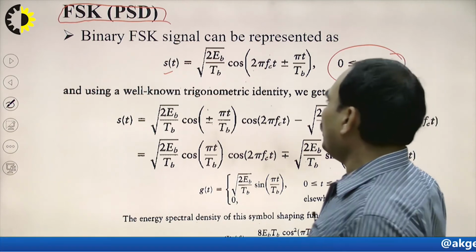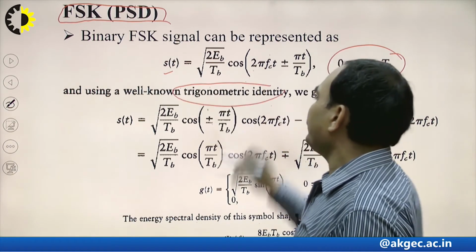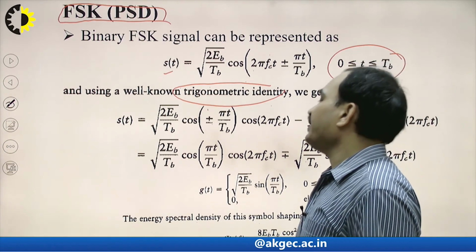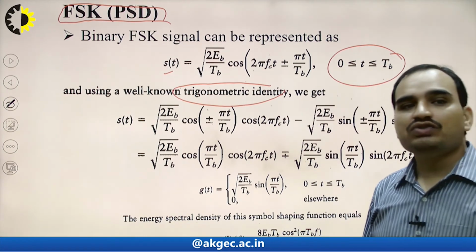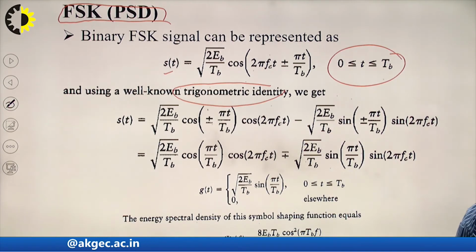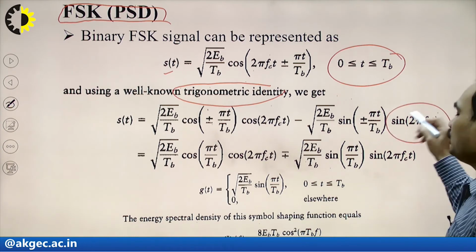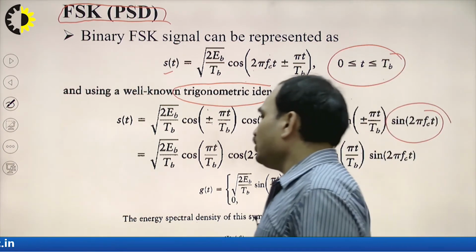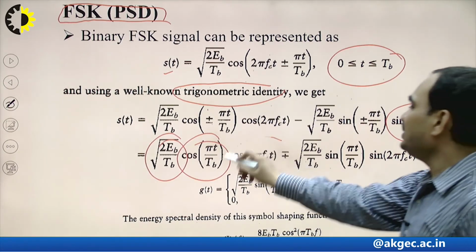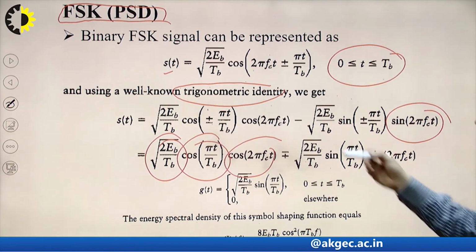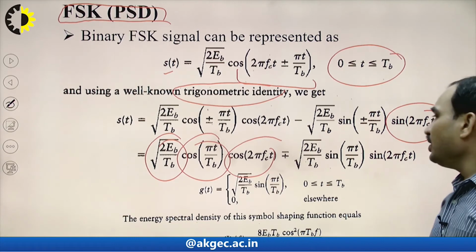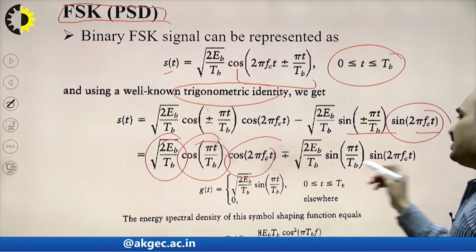Using a well-known trigonometric identity, we have s(t) equal to root 2 Eb by Tb cos of plus or minus pi t by Tb cos of 2 pi fc t, minus root 2 Eb by Tb sin of plus or minus pi t by Tb sin of 2 pi fc t. Here we have expanded cos(A plus or minus B), so it will be cos A cos B and sin A sin B. So this is simply the trigonometric expansion.